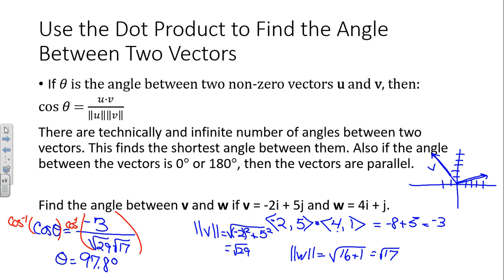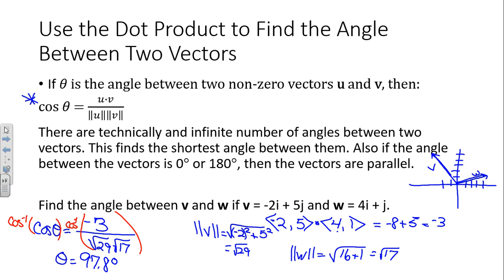Does it look reasonable that there might be a 97-degree angle between the two? That's one way you can check your work, giving yourself a visual verification. Yes, that looks like it could be just slightly more than 90 degrees. So far, so good? All right, questions on this one? All right, so star this guy. It'll be helpful when you need to find the angle between two vectors.